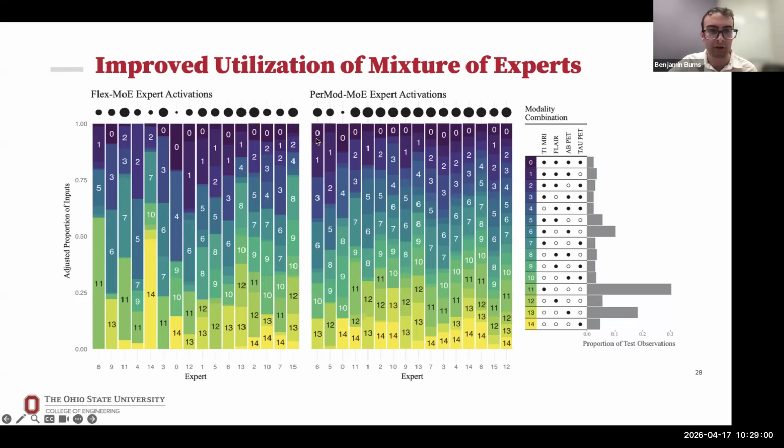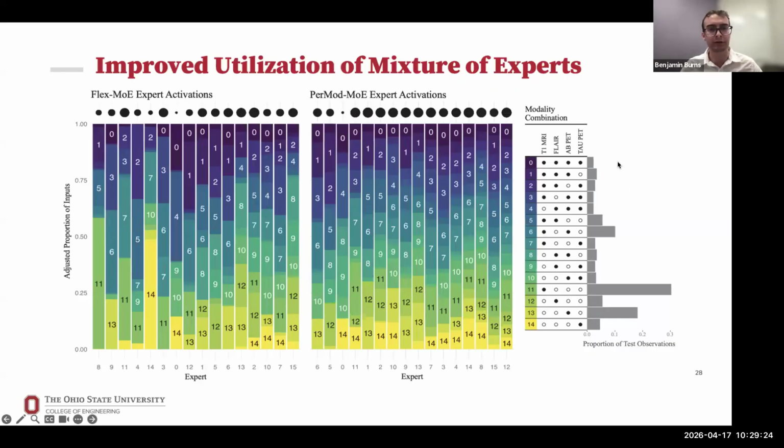So the colors and the numbers inside each of the segments in the key indicate what type of input is being passed. So again, using this first expert in FlexMOE as an example, over 50% of the inputs being routed to this expert correspond to the combination 11, where that is just T1 MRI available.